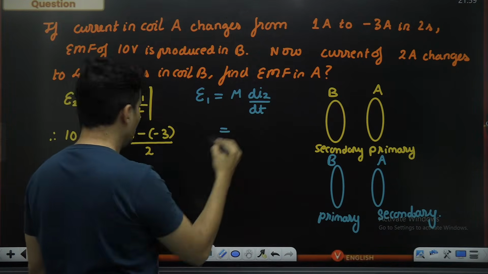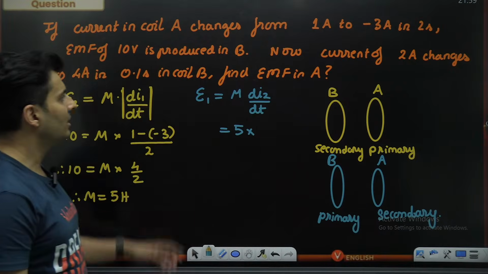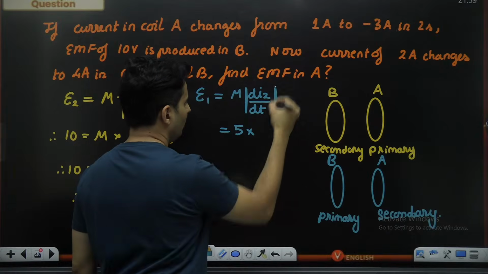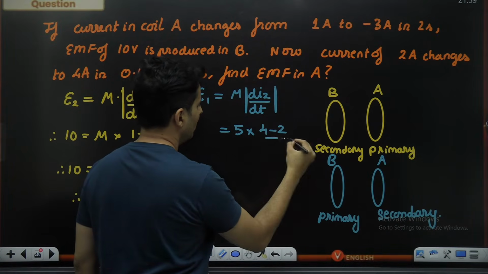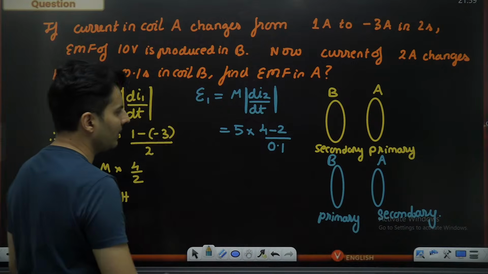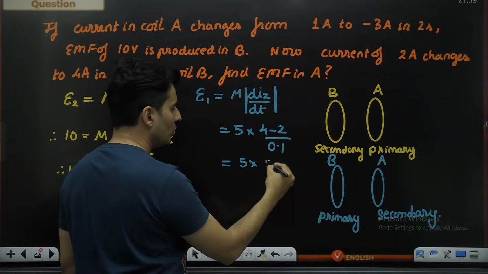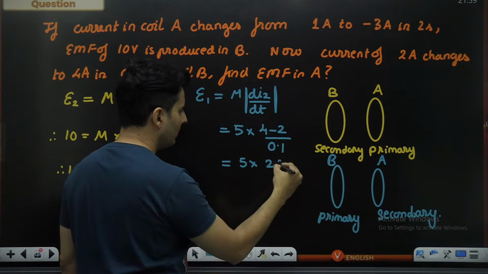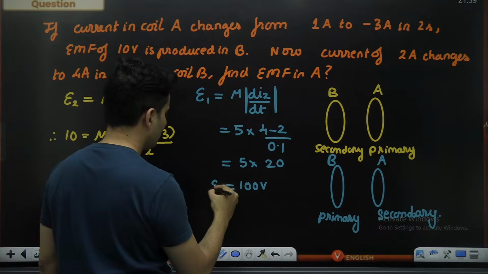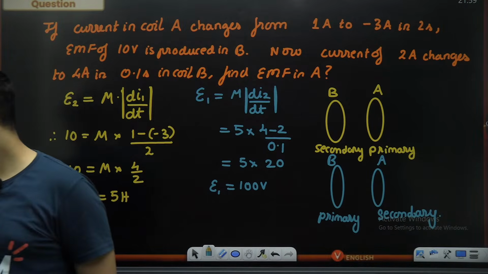Mutual inductance, we figured out to be 5. How much is the current changing? From 2 amperes to 4 amperes. So the change is modulus 4 minus 2 by the time, which is 0.1 seconds. So 5 multiplied by 2 by 0.1, that's going to be 20, so that's going to make it 100 volts. So that is the EMF in that coil, 100 volts.